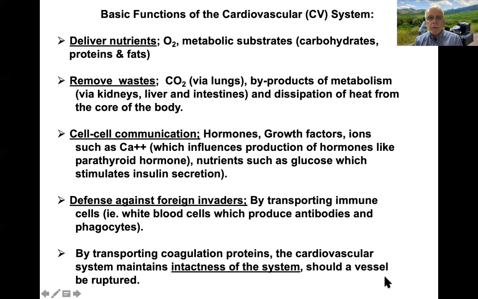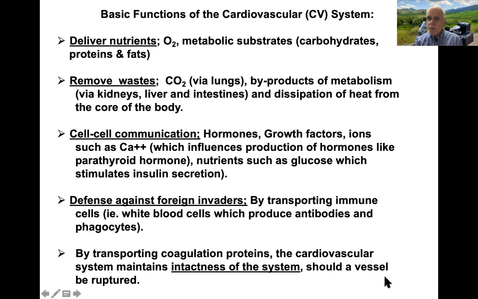Cell-to-cell communication, things like hormones. Brain hormones communicate with the gonads, for example. Gonadal hormones communicate with other target tissues like the uterus in the female, or the male vas deferens, the penis, and so forth. So there's communication going on, and all of that, the signaling molecules have to be transported.